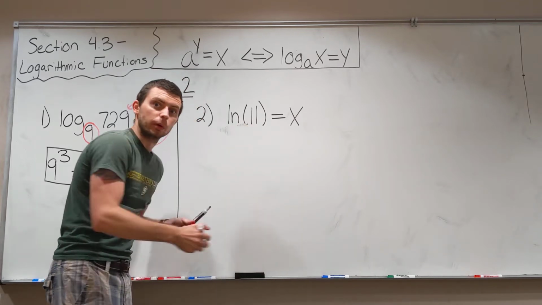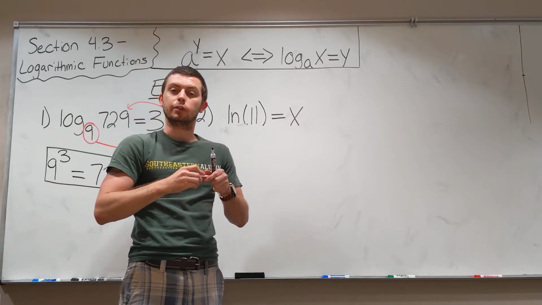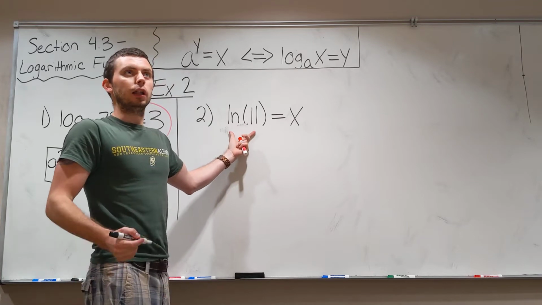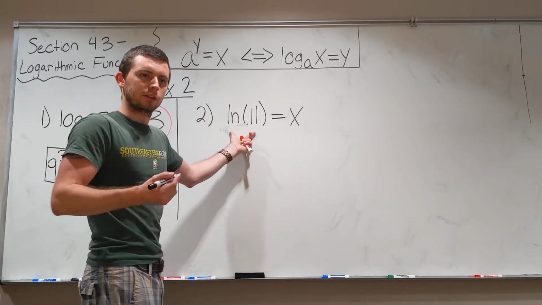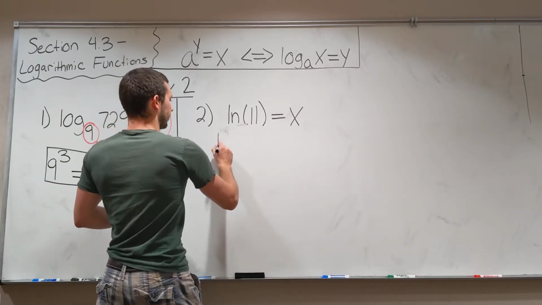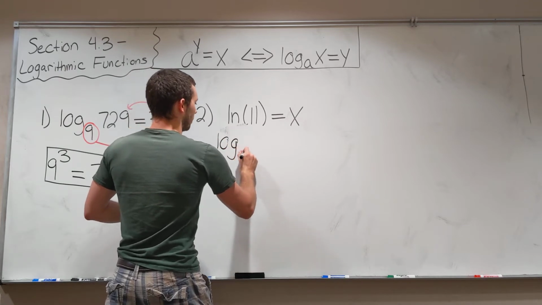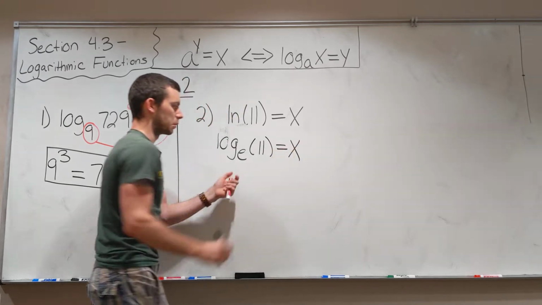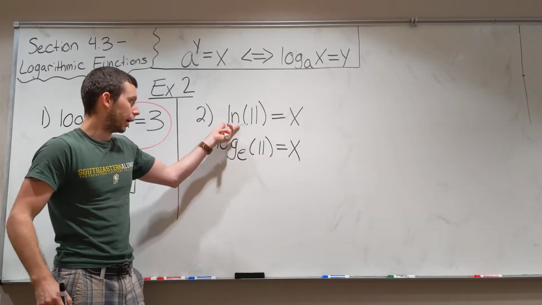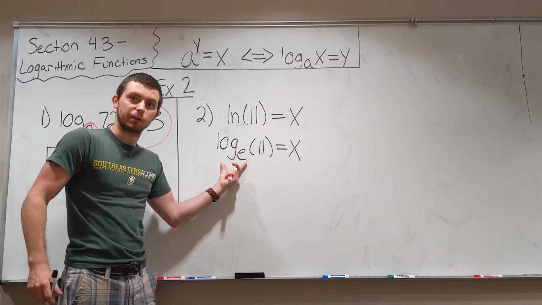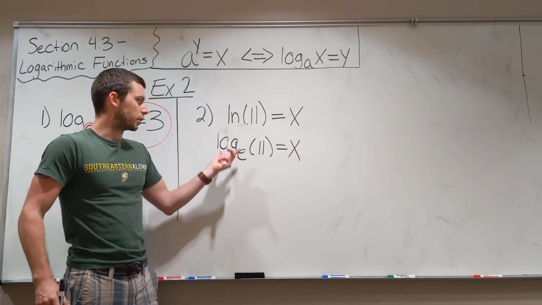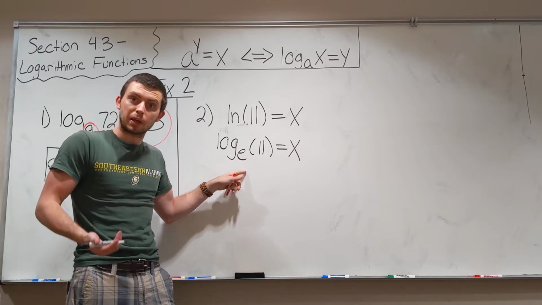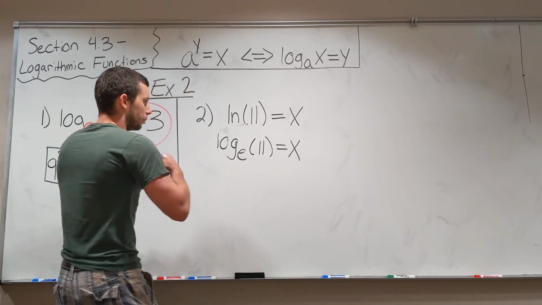What we end up doing is making the observation that ln of a number is the same thing as log base e. Remember, we said this at the very beginning. ln is the same thing as log base e. So if you can make that observation, now we do have a subscript. Now we do have a base that we can go ahead and circle.